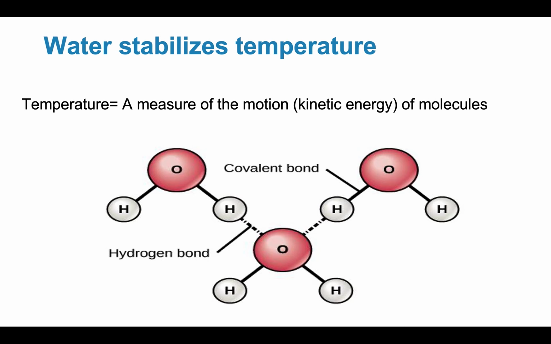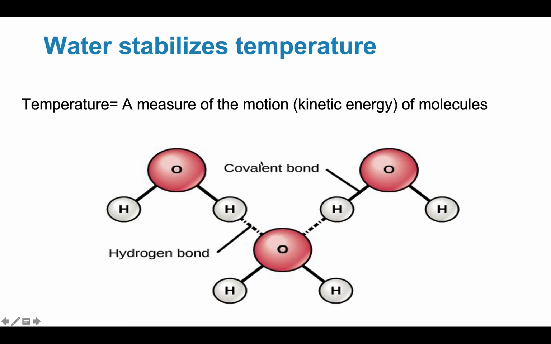Water also stabilizes temperature. So what does that mean? What is temperature anyway? Temperature is a measure of motion or kinetic energy of molecules. The higher the temperature, the more kinetic energy is going to be happening.